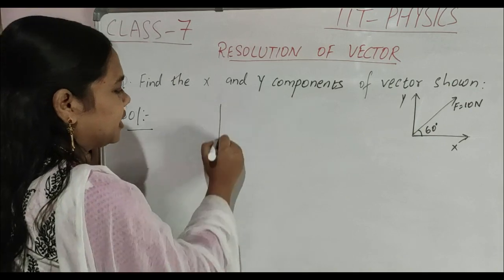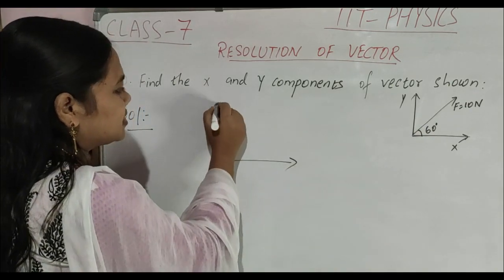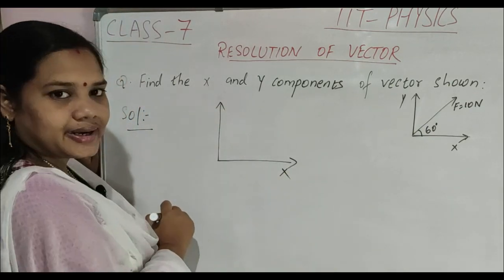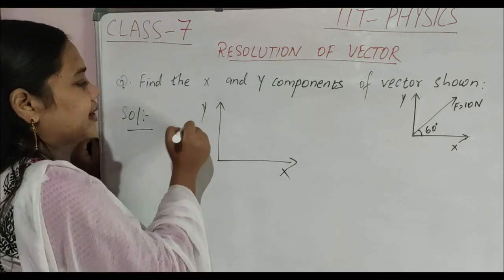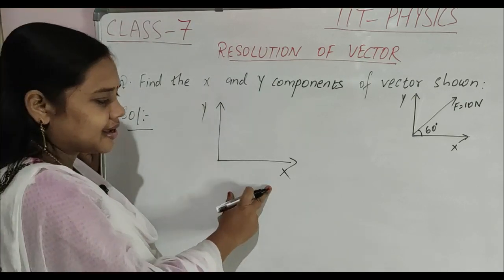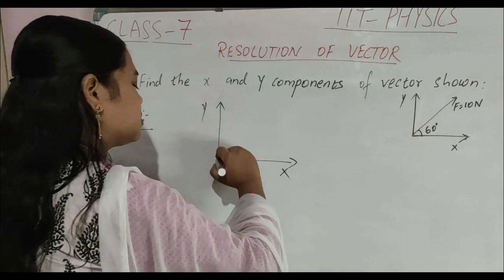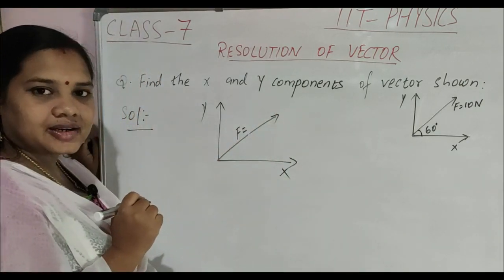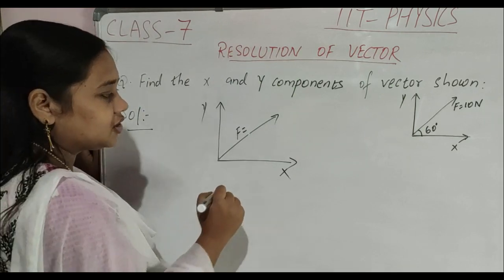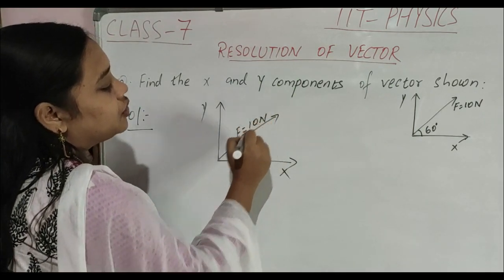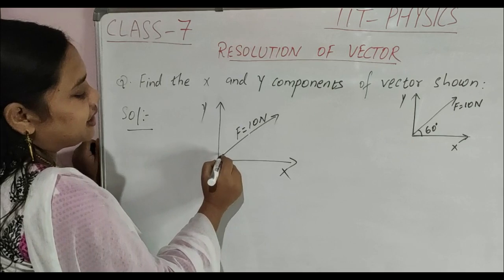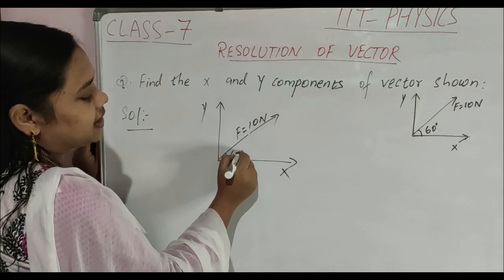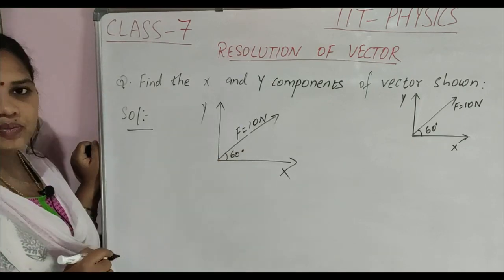So here see children, this is the x component, x direction, y component, y direction, x axis, y axis. F is a vector, force, 10 Newton, making an angle of 60 degrees with the x component.